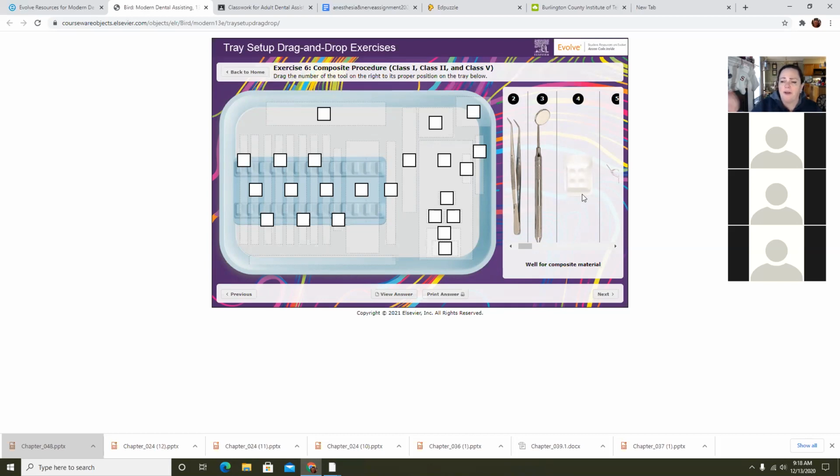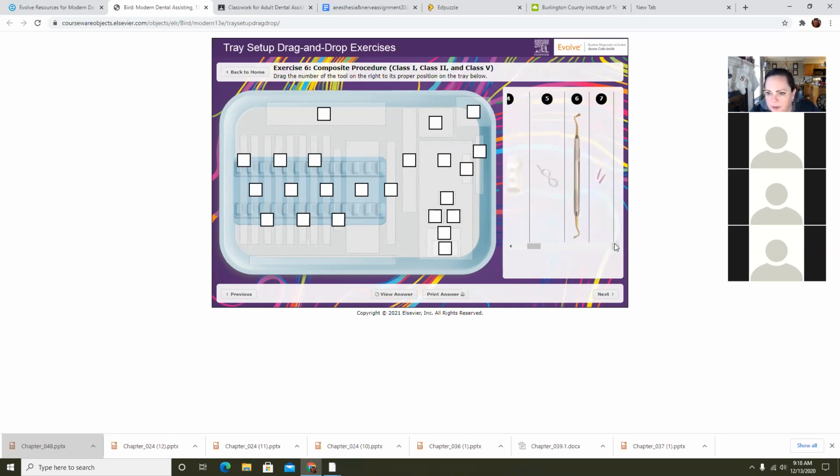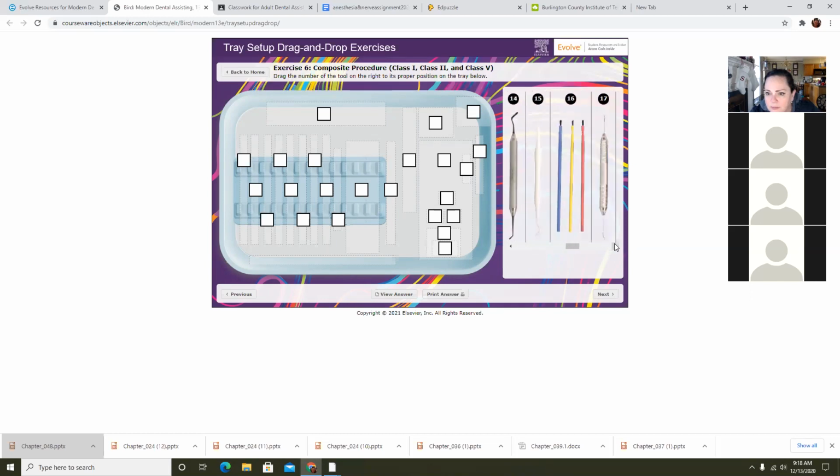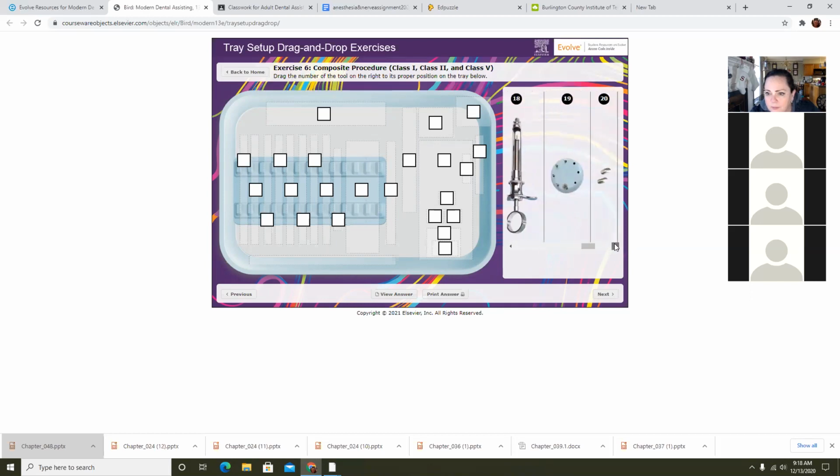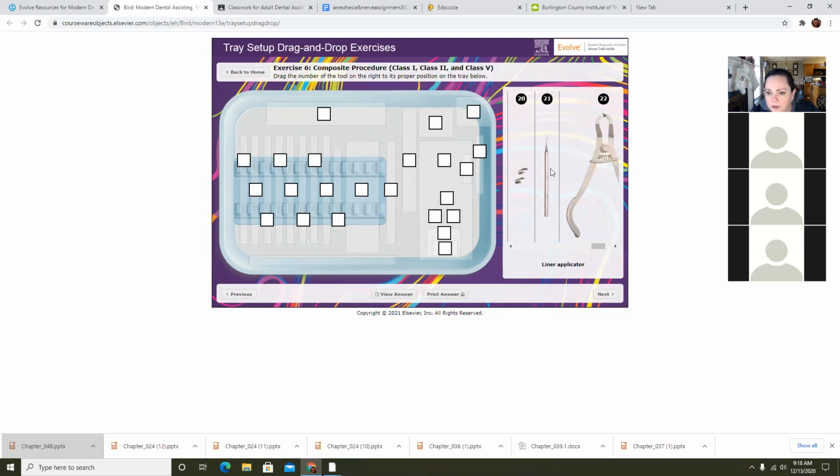So let's talk about the patient sits down, okay? There's one more instrument on here too that I want to make sure you guys know. Where is it? You know this instrument? Has a tiny little ball at the end? Dycal instrument, okay? And what is Dycal?